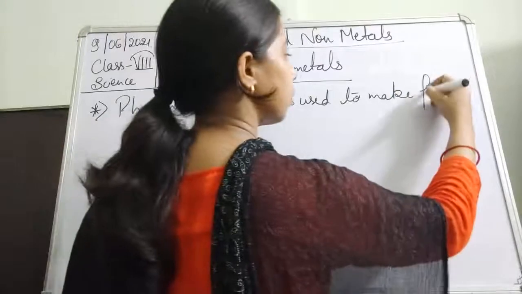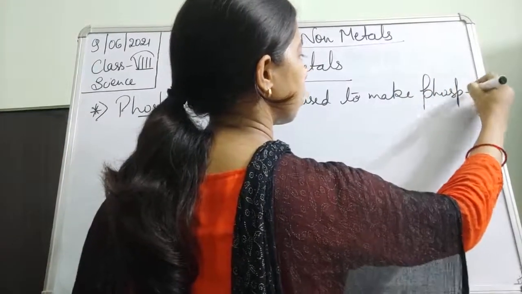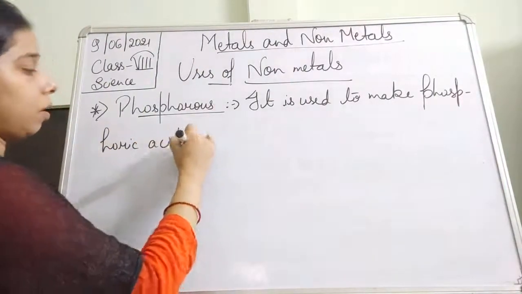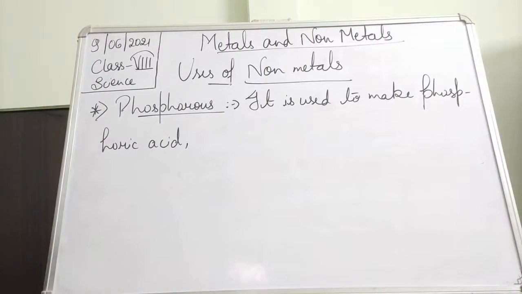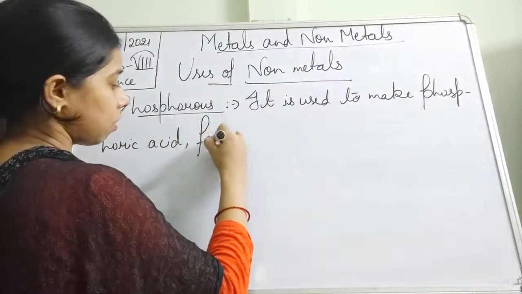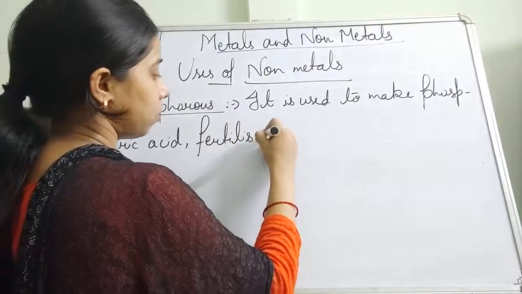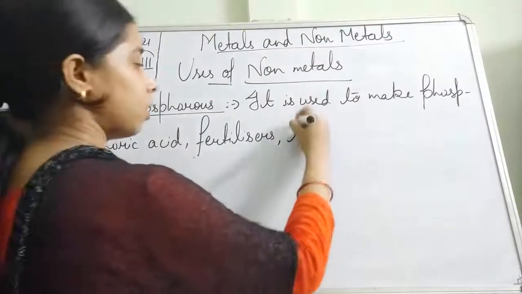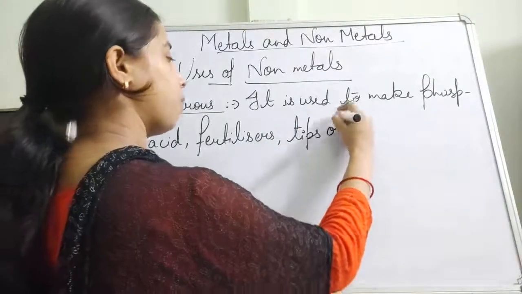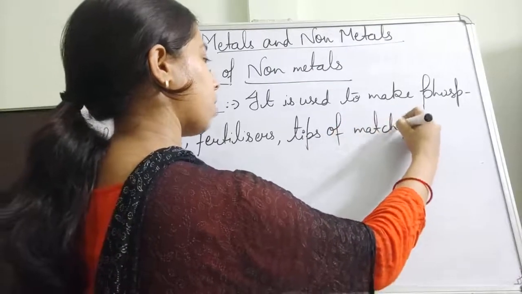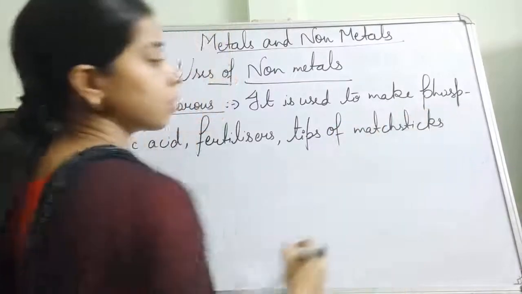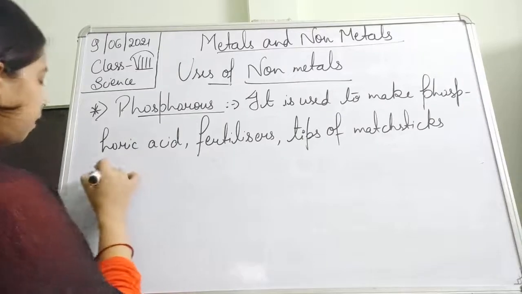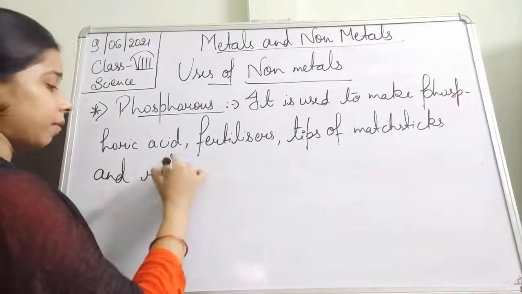So we can say here it is used for making phosphoric acid, fertilizers, then tips of matchstick, as well as in rat poison.